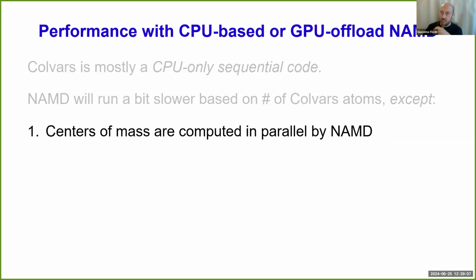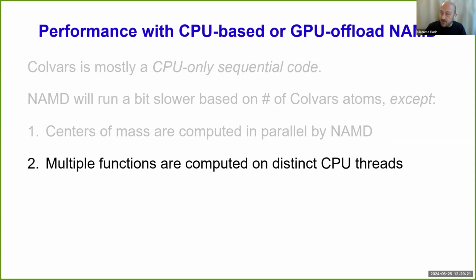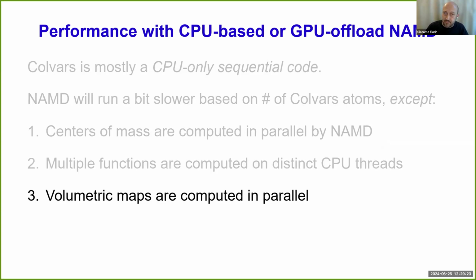So any function, for example, distance between two groups, if you're on CPU-based NAMD or with GPU offload, not GPU resident, there is actually very little to none overhead from Colvars. And multiple functions can be computed in parallel. The volumetric maps are also one other example, along with the centers of mass. They're computed entirely in parallel with very little overhead. Hopefully, there will be more in the future.